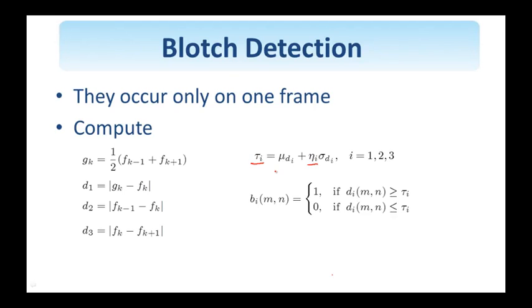A pixel at a location m,n is classified as an anomaly if b of i is equal to 1 for all three values, called b1, b2, and b3. The inclusion of b2 and b3 effectively accounts for the presence of motion, because moving regions will show up in either b2 or b3, but not in both of them.